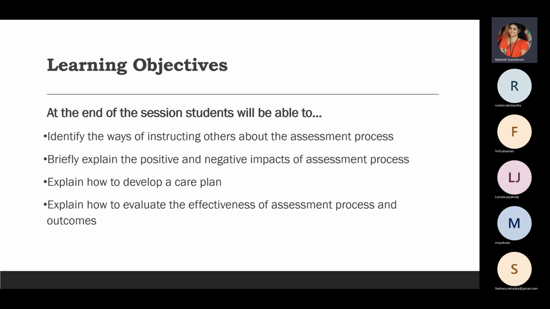So we can say it is a kind of holistic approach. Holistic approach means whole; we are considering one individual as a whole. That means we are focusing on a patient's problems physically, emotionally, psychologically, socially and spiritually, and for each and every problem we are developing plans and goals.